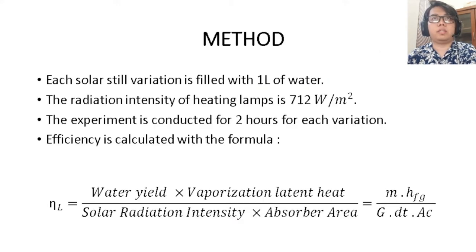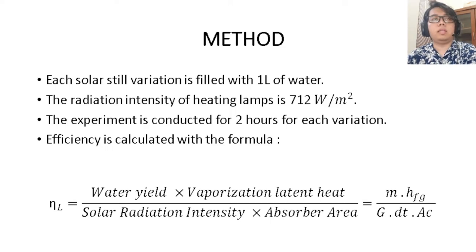Next, we'll be discussing the method of this experiment for this research. First of all, each solar still variation is filled with 1 liter of water. Since this experiment is done indoors, heating lamps are used to simulate solar radiation energy with a radiation intensity of 712 watts per meter squared.